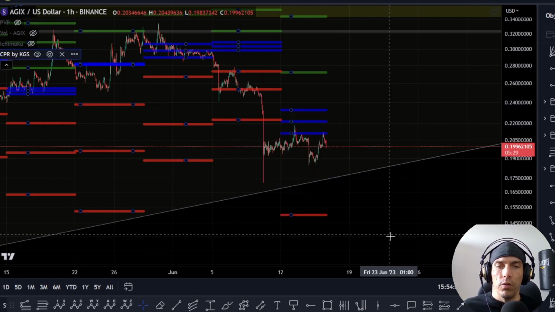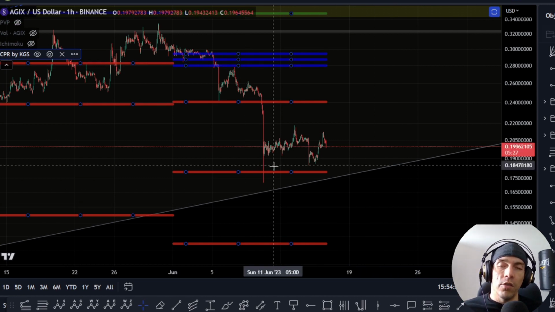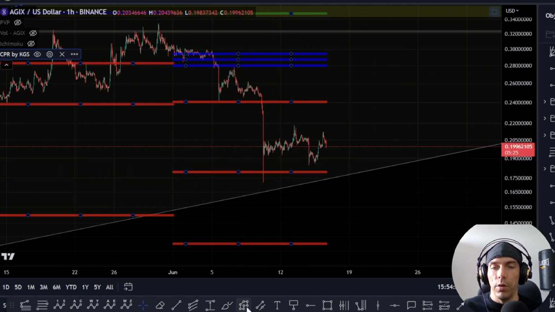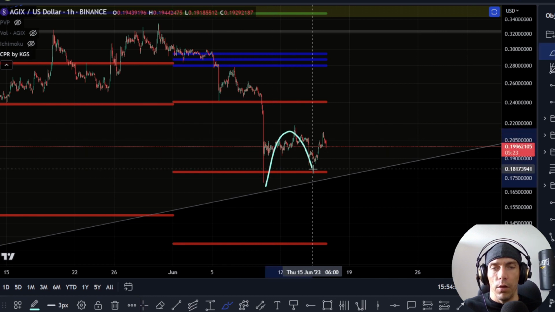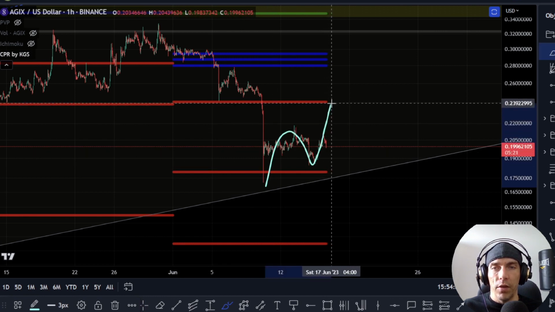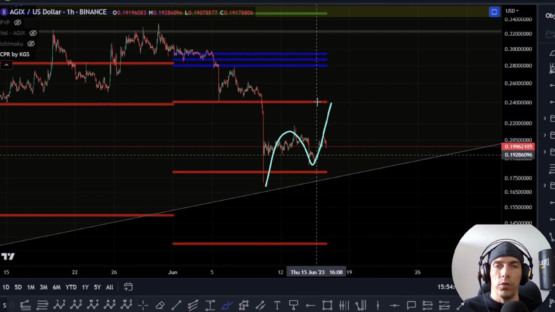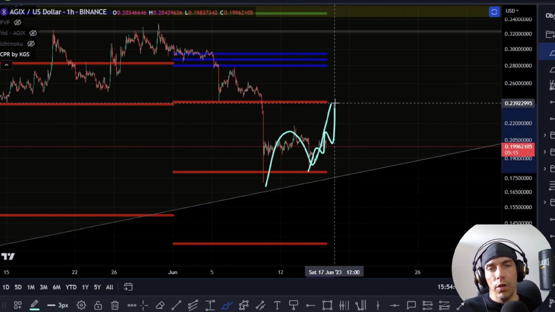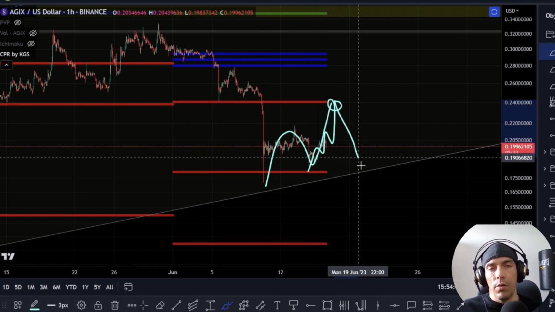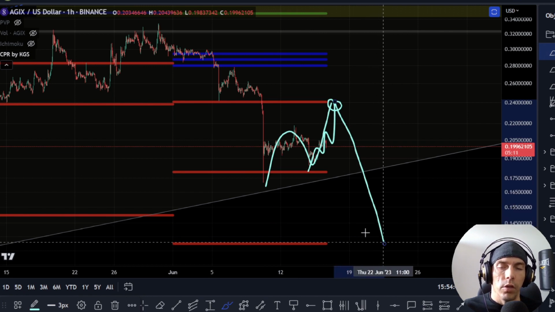Now, if we come here onto the monthly, what we can see is that we actually reacted off of this R2 line. And now what I want to see is, if price manages to push back to the upside here, this R1 line could actually act as resistance at this 2400 region. If we do see price push up here, this could act as a rejection area if we're looking for that continuation to the downside.